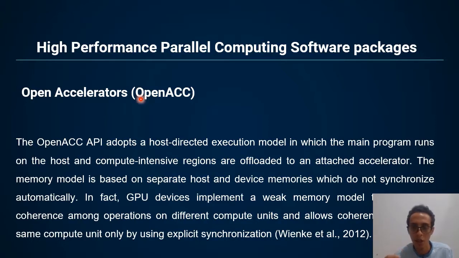In fact, GPU devices implement a weak memory model that prevents coherence among operations on different or separate units, and allows coherence of operations on the same compute unit only by using explicit synchronization. So we have to explicitly declare the synchronization.